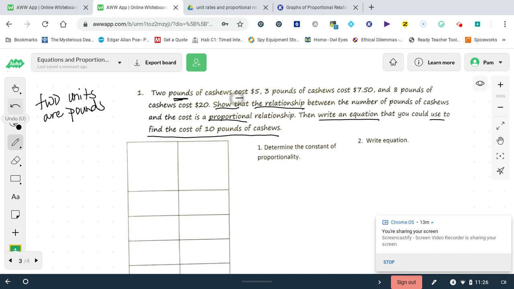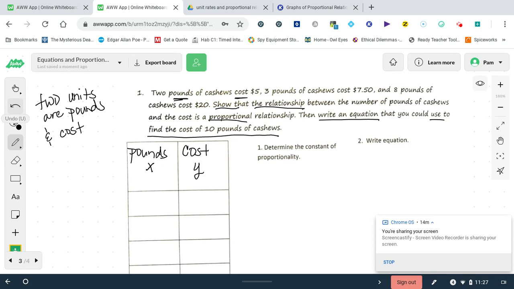Well, it's talking about cost. So I have to decide which one goes in the X column and which one goes in the Y column. It's pretty easy because we've talked about already. Cost depends on the number of pounds. So cost is dependent. The dependent variable is always your Y. Therefore, the number of pounds is our X.